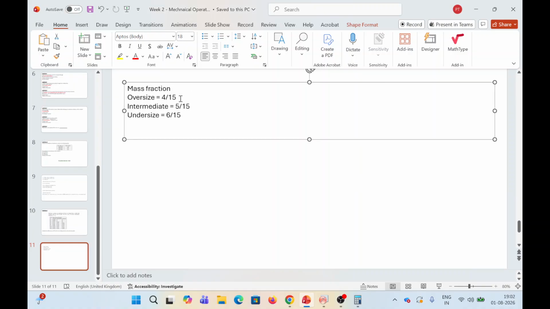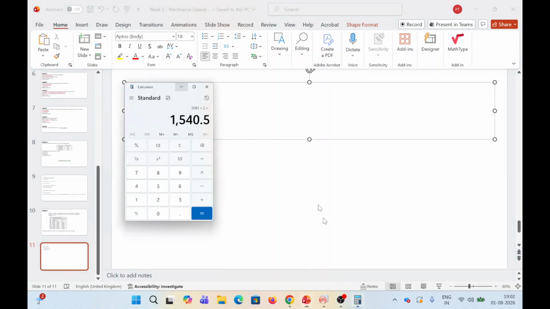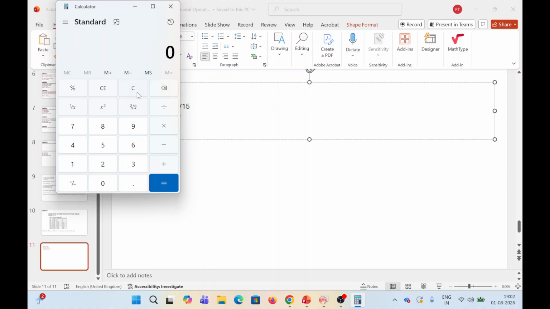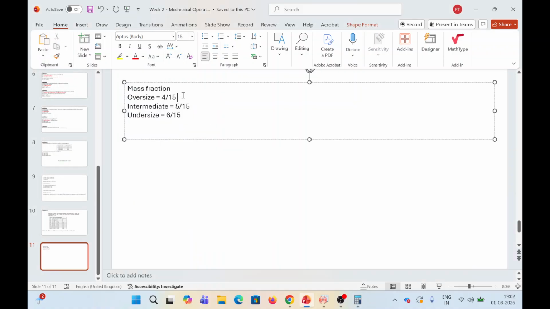So what are the values? 4 by 15 is 0.266. 5 by 15 is 1 by 3, that is 0.33. And 6 by 15 is 2 by 5, that is 0.4.